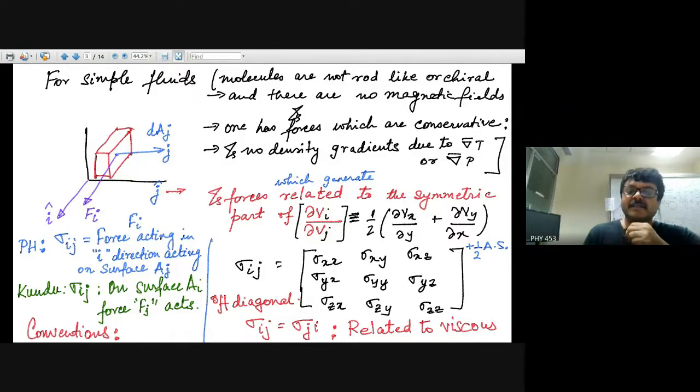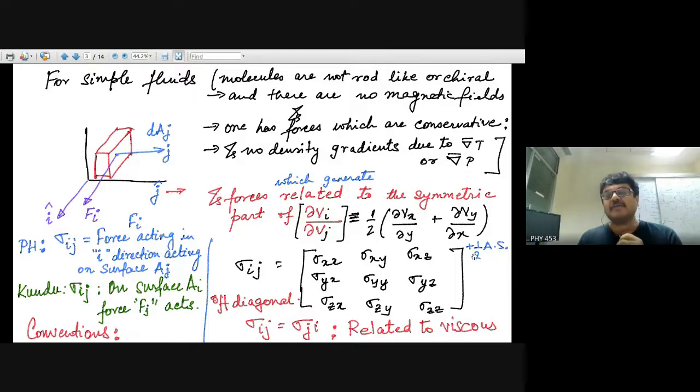Then in that case, the viscous forces which are generated are related to the symmetric part of the velocity gradient tensor. So in general, if you have del Vi, del Vj, like the rate of change of Vx in the y direction, that in general can be written as a symmetric part and an antisymmetric part.